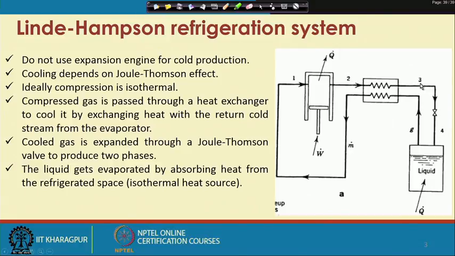Then, once it has come to 3, we take it for the expansion; this particular symbol represents the valve. Here it is expanded, and after expansion it reaches state 4 at a still lower temperature. This JT expansion causes a 2-phase mixture to appear. That means the vapor has now been converted to a 2-phase mixture of liquid and gas.